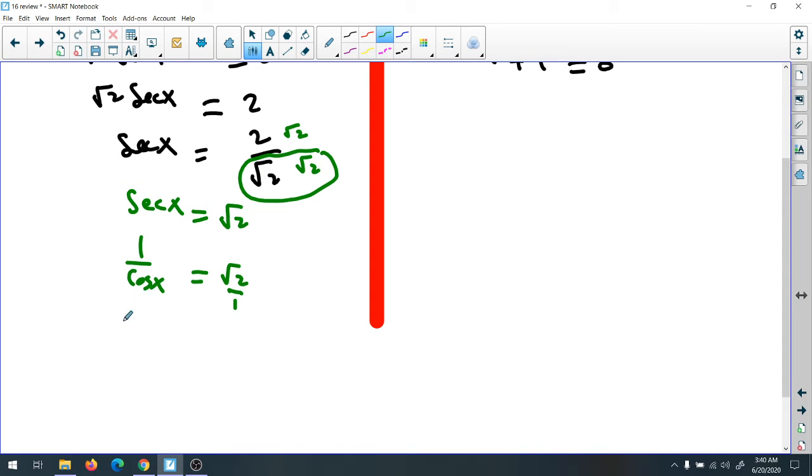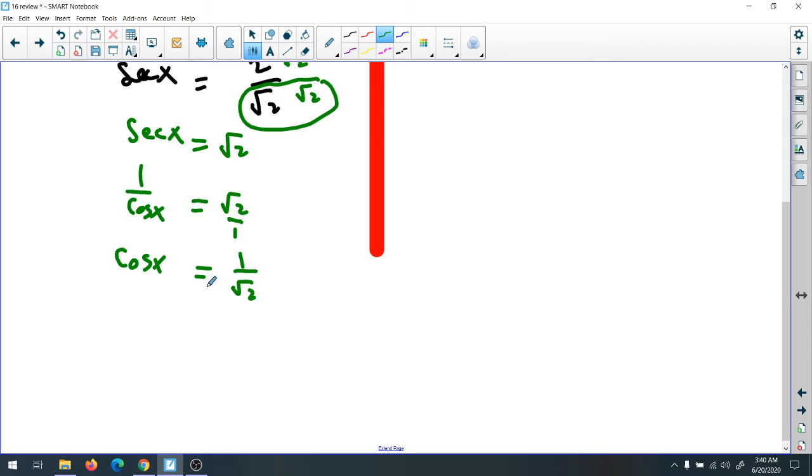If you take the reciprocal on the left, it will be cosine x, and the reciprocal on the right is 1 over square root of 2. Now x is easy to solve. X equals arc cosine of 1 over square root of 2, the angle whose cosine is 1 over square root of 2.